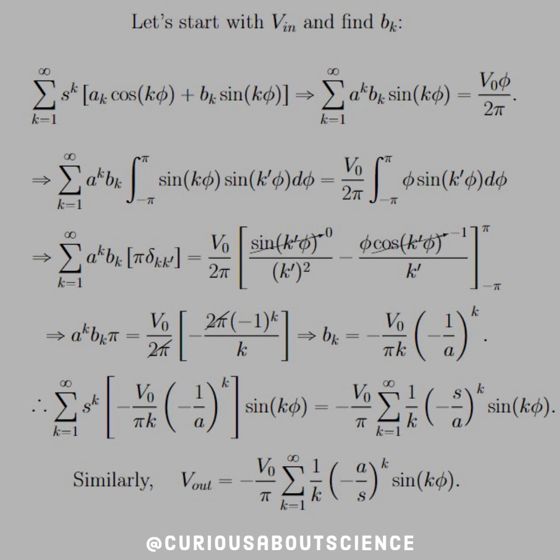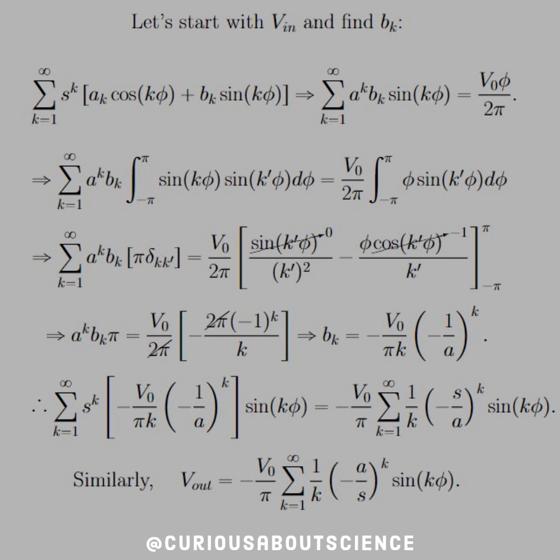And so what we do is chug it on through. We get a to the k, b_k, pi, and then as you see here, V0 over 2 pi. Once we evaluate the integral, you get a sine and a cosine with phi. Basic calculus. But what we notice is that when that happens, we get a 2 pi factor because of the phi, and then cosine alternates between negative 1 and positive 1.